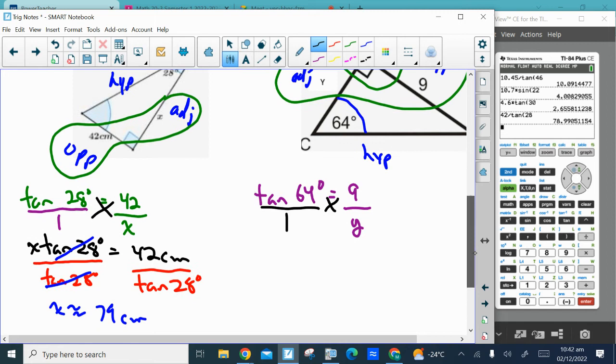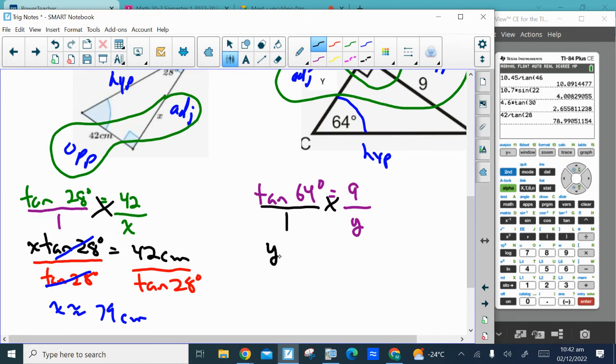And in this case, when we multiply the pieces that are diagonally across from each other, it'll be y times the tangent of 64 degrees equals 1 times 9. We do not have the variable y by itself, so again we have one extra step to do, and that is to divide both sides by the tangent of 64.